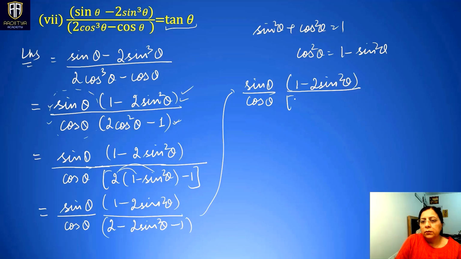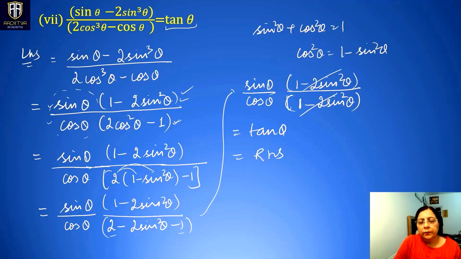In the denominator, this is 2 minus 1, which is 1, minus 2 sine square theta. Now you can see these two brackets have become the same. Now we can reduce them, and finally we get tan theta, which is the RHS, right?